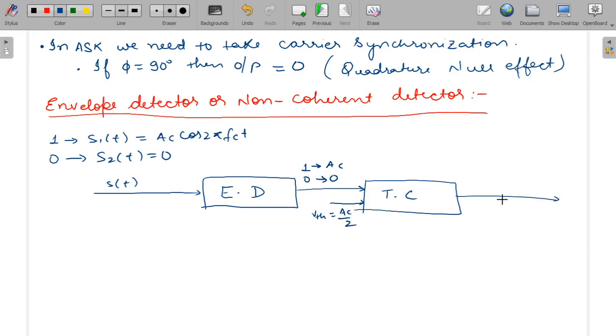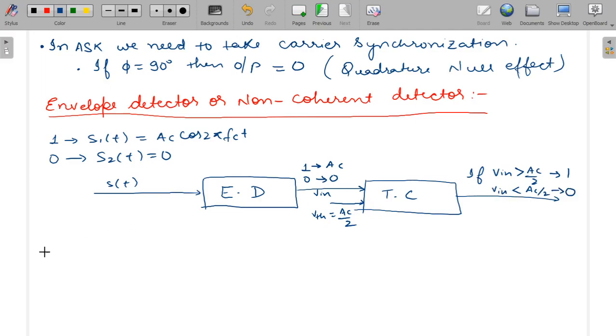Now the threshold comparator output: if V in is greater than Ac by 2, then output 1 is decoded. If V in is less than Ac by 2, then output 0 is decoded.